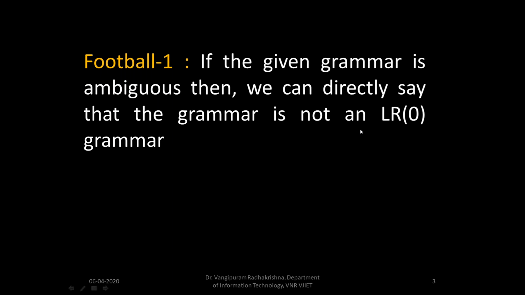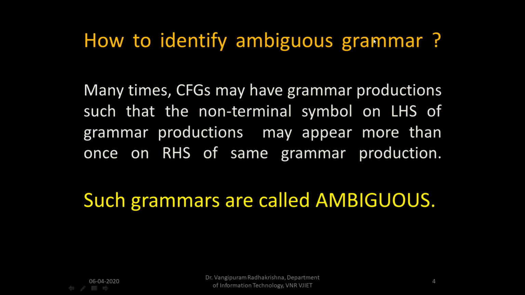So, having known about the football, we'll now look into how to identify if a given grammar is ambiguous. Many times, context-free grammars may have grammar productions such that the non-terminal symbol present on the left-hand side of the grammar production may appear twice or more on the RHS part of the grammar production.